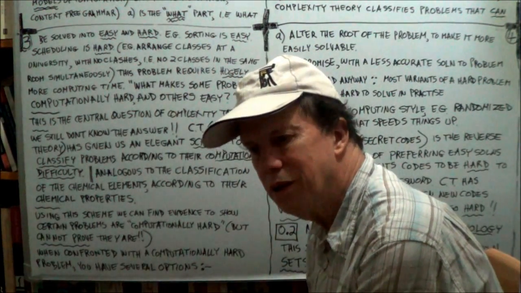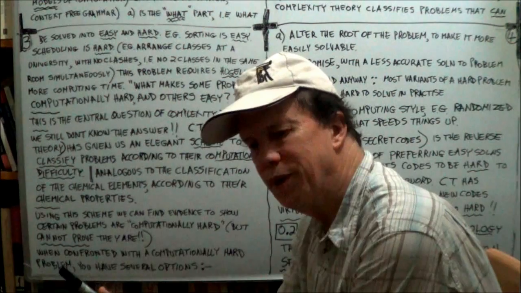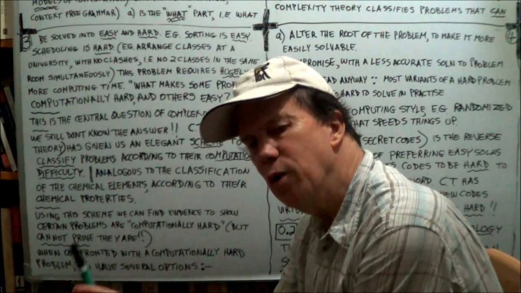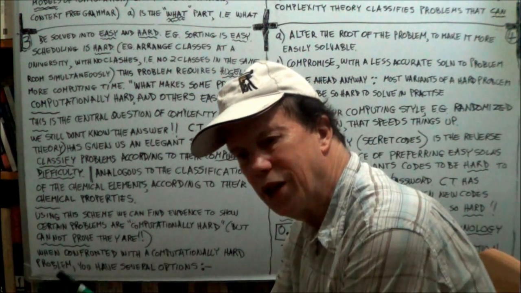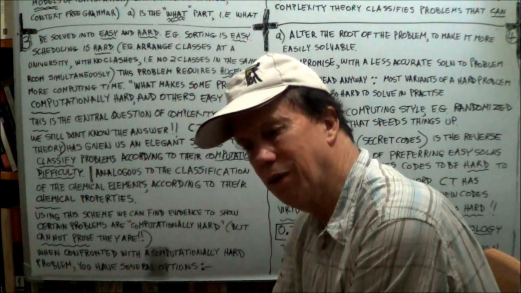By analogy, you can in a sense map one type of problem into another one, and if the other one is known to be computationally very hard, then you've learned something about your first one, because they're equivalent.